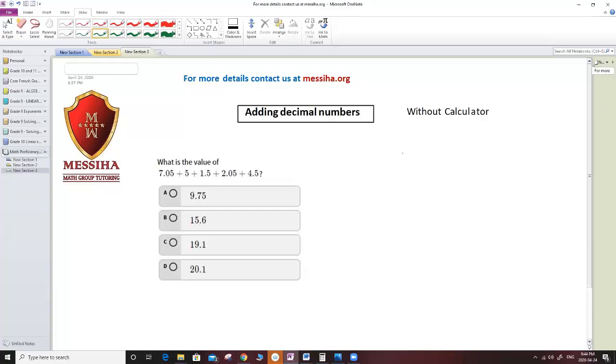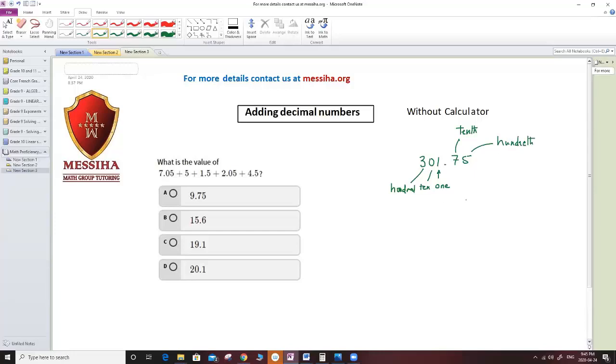So the most important part of the strategy here is that we need to understand something: if I have a large number this way, 301.75, we know that the position of this is the 1, here is the 10, here is the 100, and anything after the decimal we call tenths and hundredths.